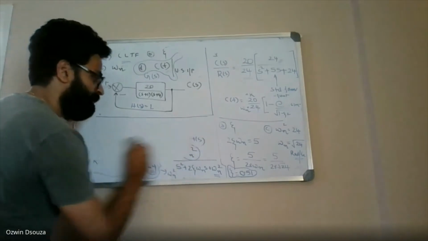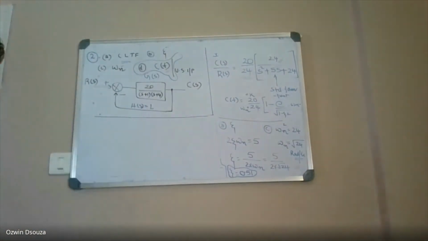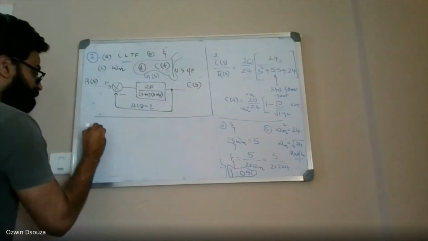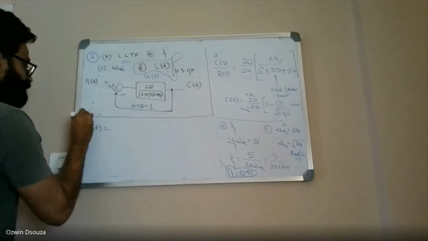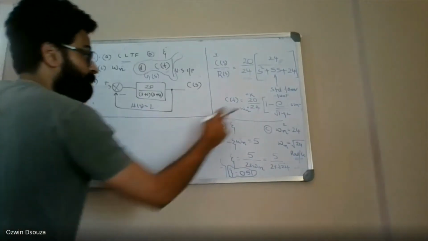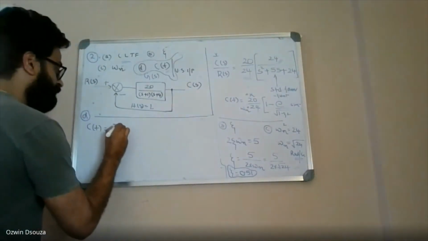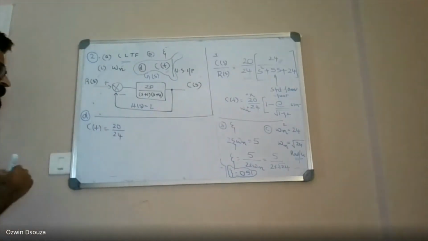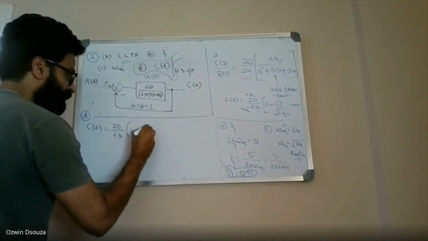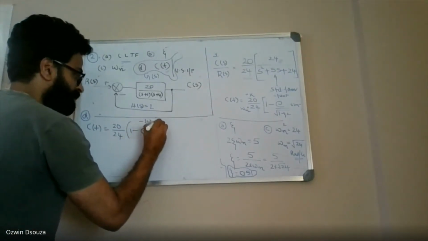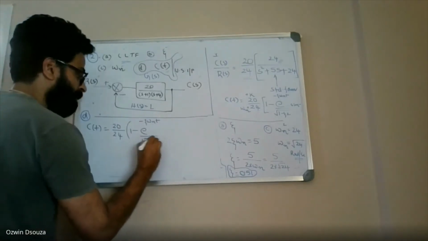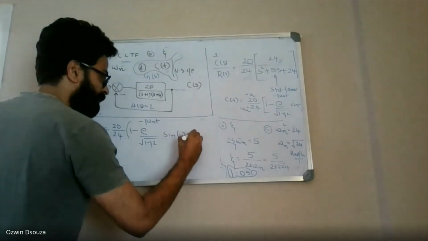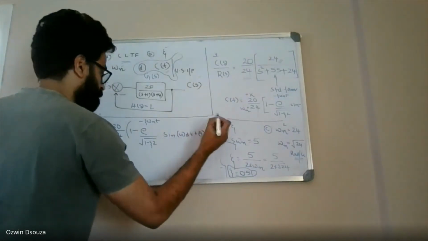I will erase this part. So already you have written an expression for the closed loop response. That is c of t is equal to, that is part D, k by omega n squared for the given transfer function. K is 20 and omega n square is 24. So 20 by 24 into 1 minus e to the power minus zeta omega n t divided by under root 1 minus zeta square, into sine of omega d t plus theta.